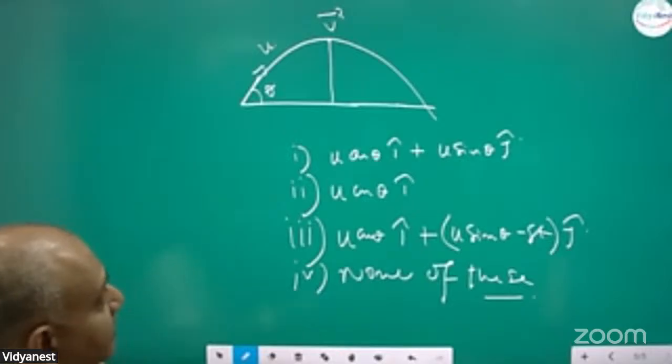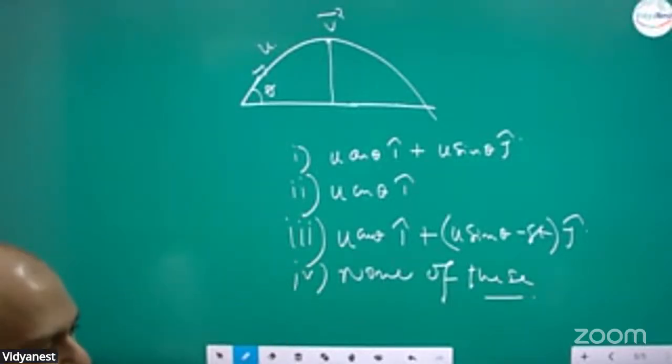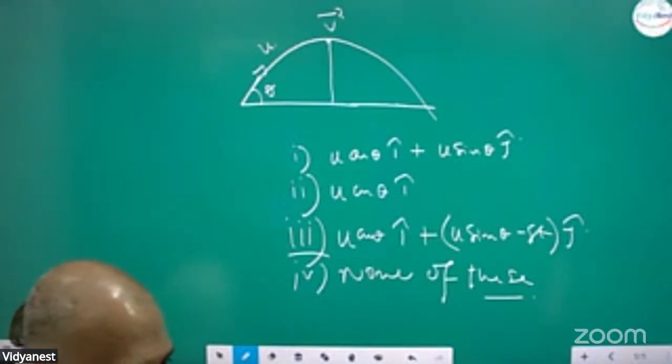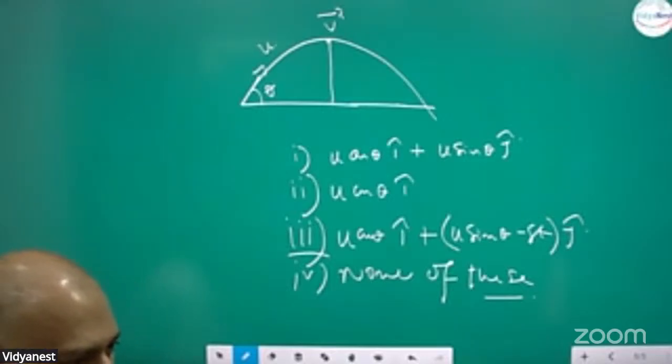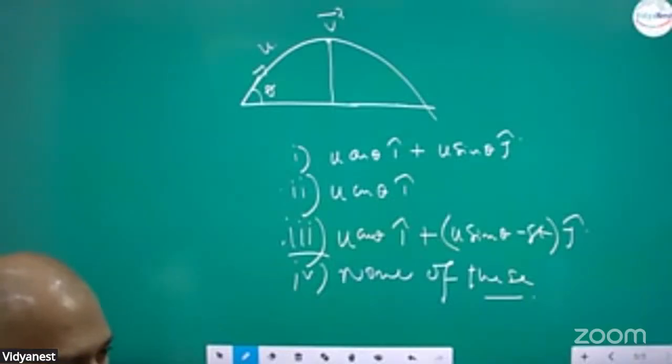Now I want the velocity expression at the top point. So your option is option 3. You're a little bit confused between number 3 and number 2, either 2 or 3.